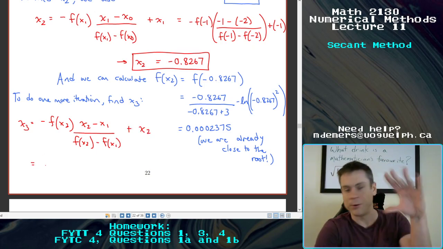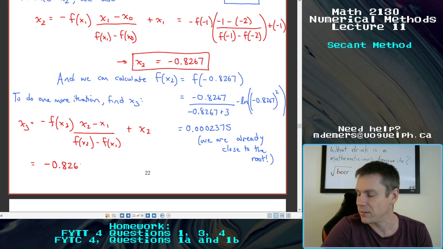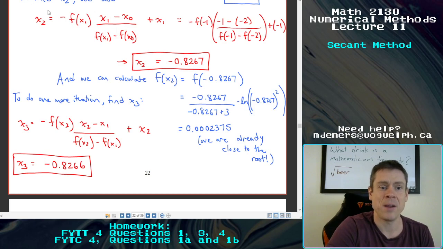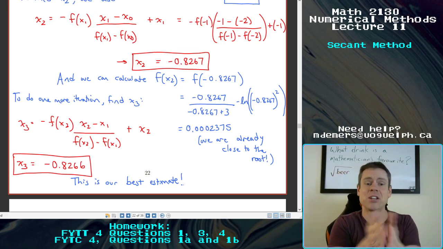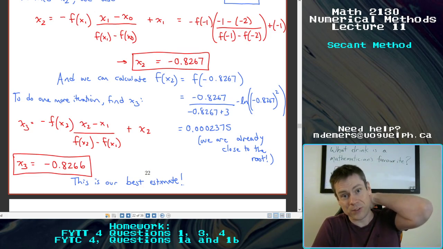I'll let you fill out all of those values, but if you do, you're going to find that this works out to minus 0.8266. So really, really close to the last estimate, because we were so close. But this is the very best estimate that we can get. After just 2 iterations, our estimates have not even changed within, well, what? Within 1/1000th. So we've done really, really well.